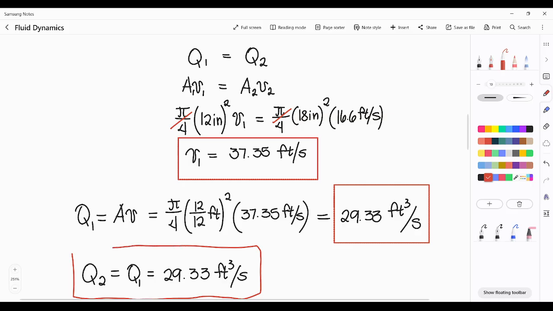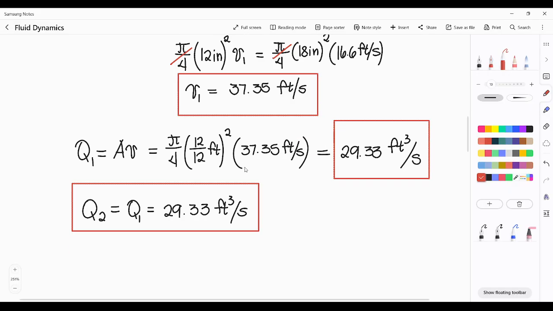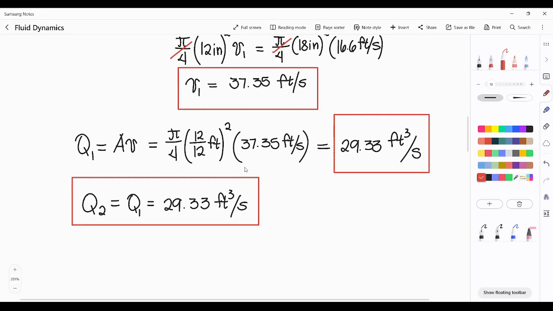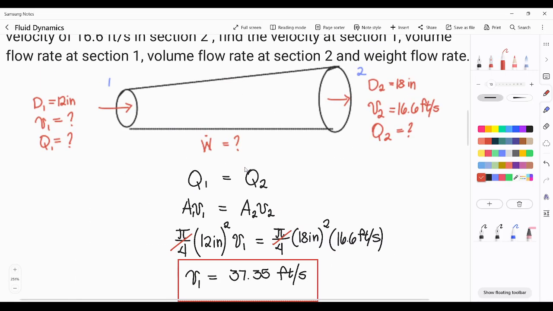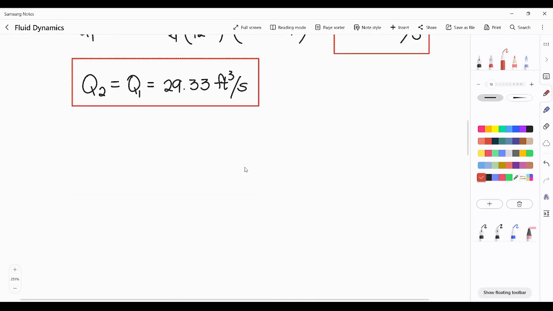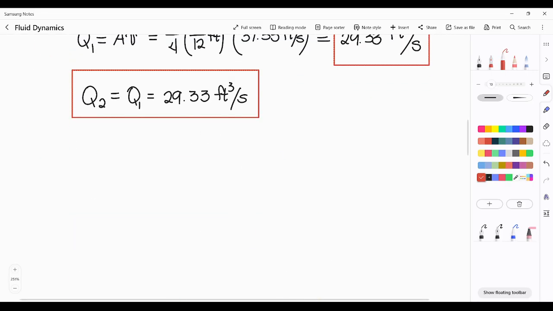If you guys want to check, you could still check. Okay. And finally, we are asked to find the weight flow rate. So our formula once again for the weight flow rate is gamma times area times the velocity.